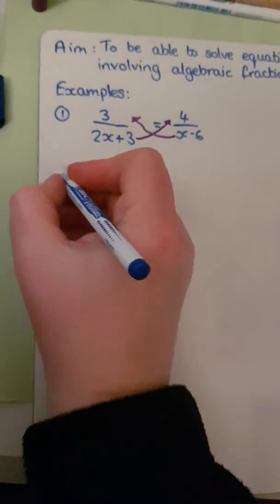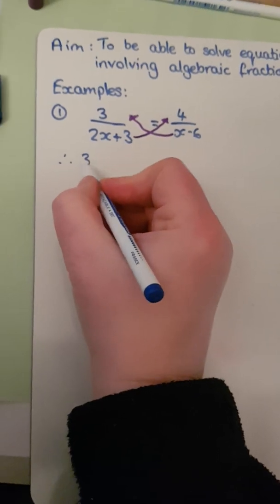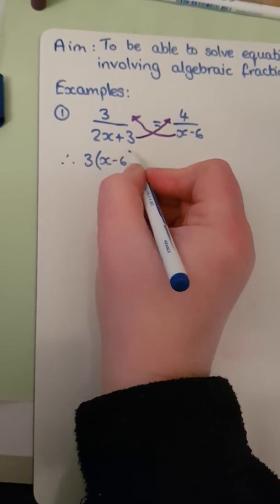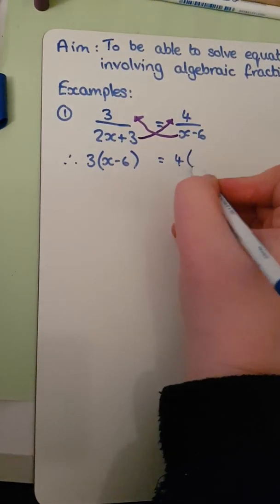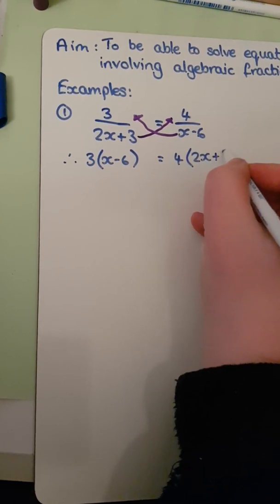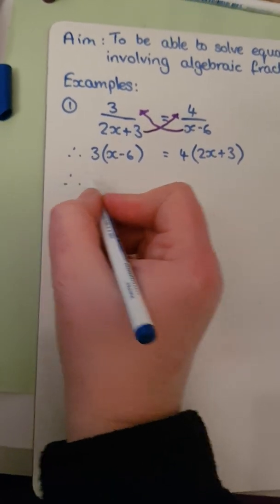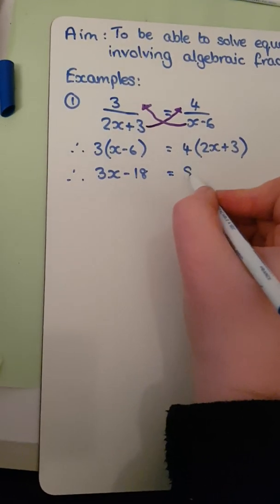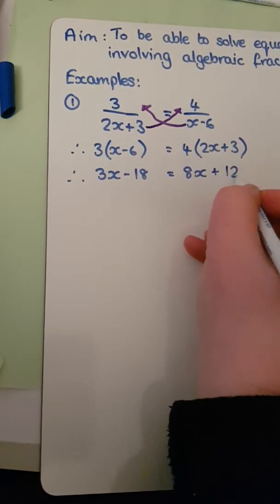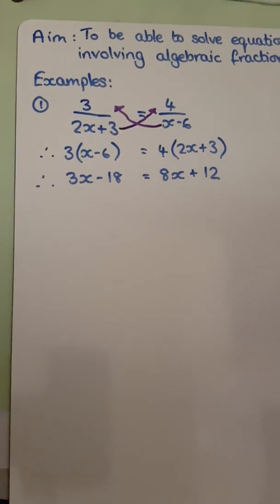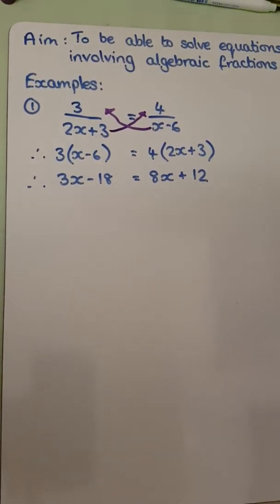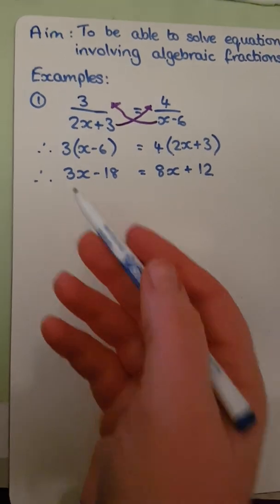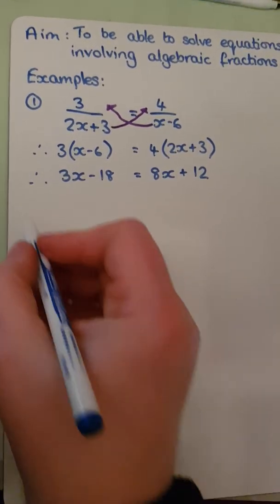So that we have, therefore, 3 times x minus 6 equals 4 times 2x plus 3. Expanding the brackets, 3x minus 18 equals 8x plus 12. It's a nice linear equation, unknowns on both sides. We gather the x's together, we gather the numbers together.